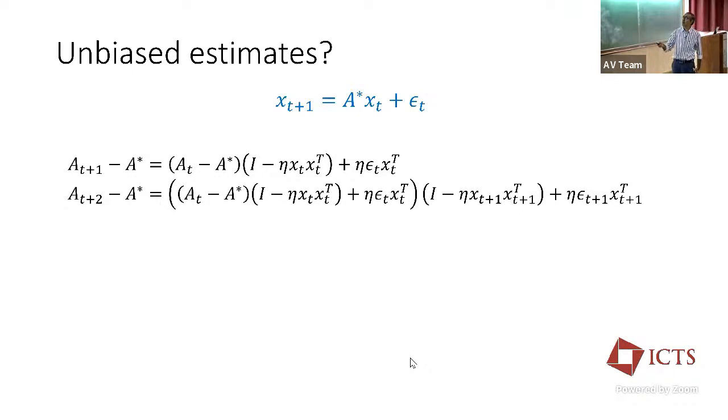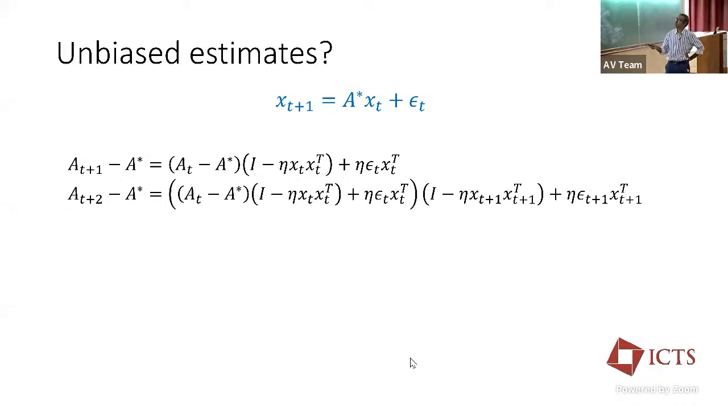Well, if you did SGD, then the first iteration step is like this, which is okay. But when you look at the second step, A t plus 1 minus A star, and you want to look at the expectation of this, you will have this term that we get in the standard bias. That is, you have A t minus A star multiplied by this term. That was fine, those matrix multiplications we have seen two or three times now.